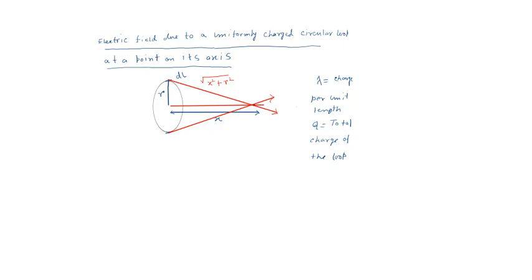And if we divide this electric field into two components, one perpendicular to the axis, in this direction, and one parallel to the axis, which will be in this direction at this point.